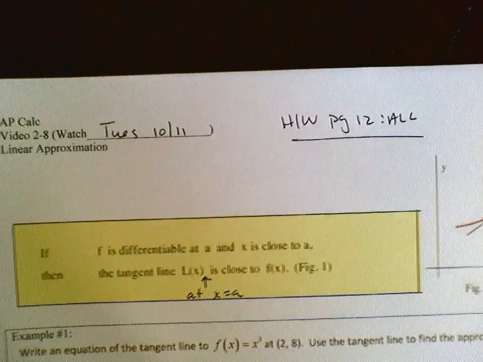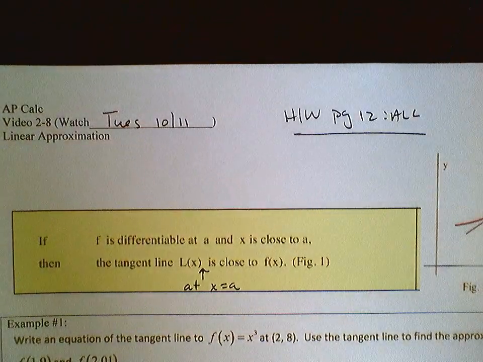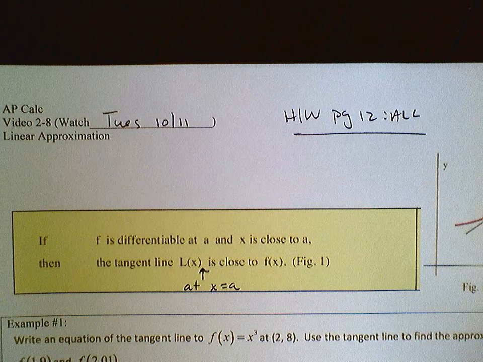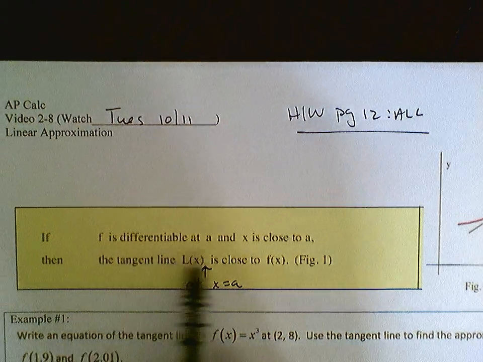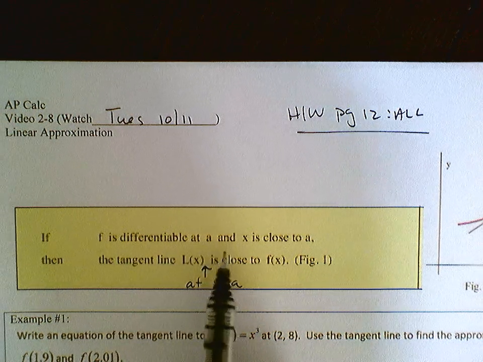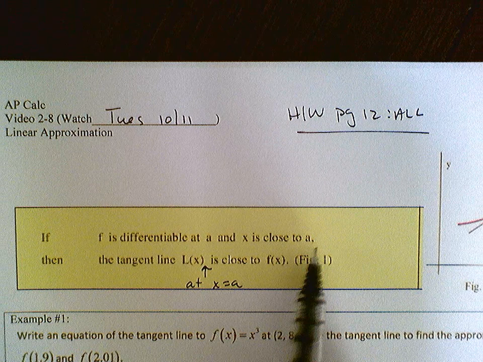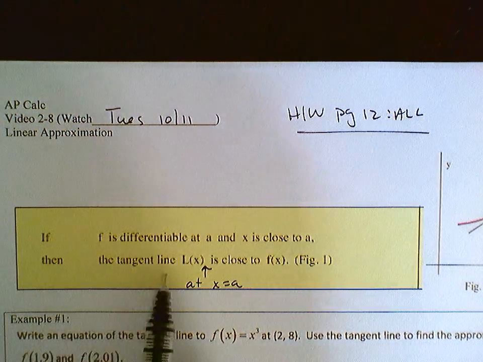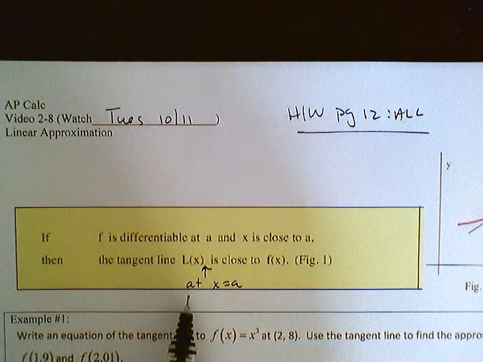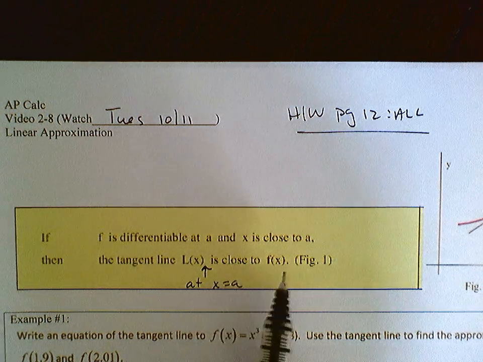All right, so here we go. If f is differentiable at a, and differentiable just means that you could take its derivative, and some value x is close to a, then the tangent line L of x, and write this in guys, at x equals a, is close to f of x.